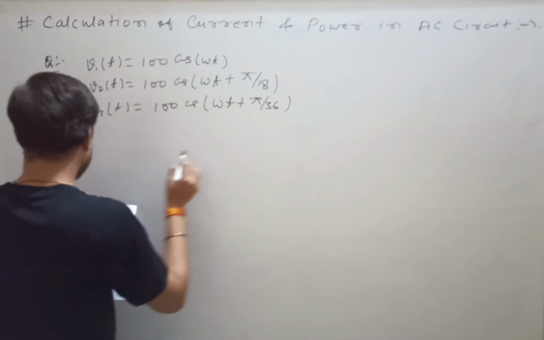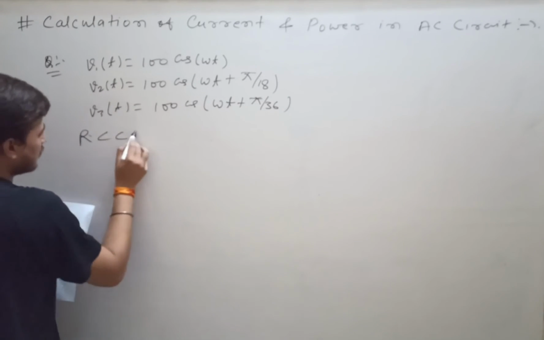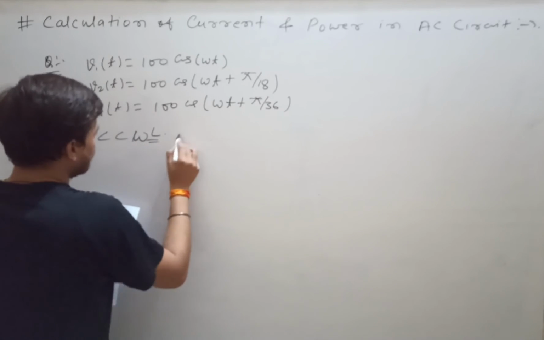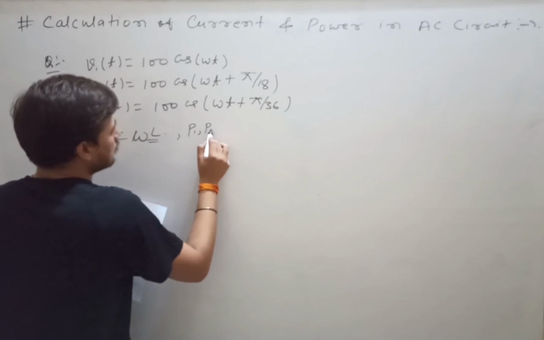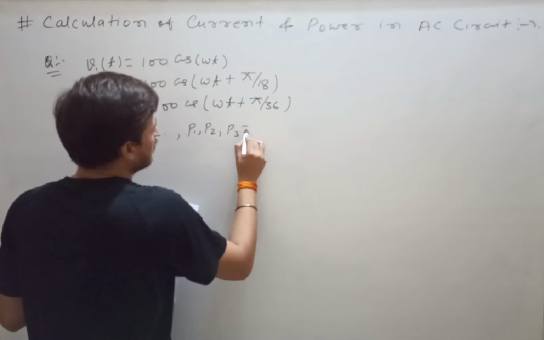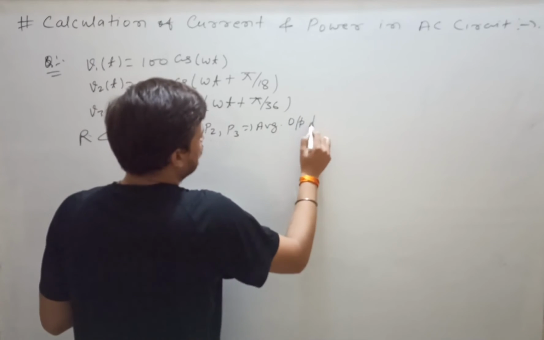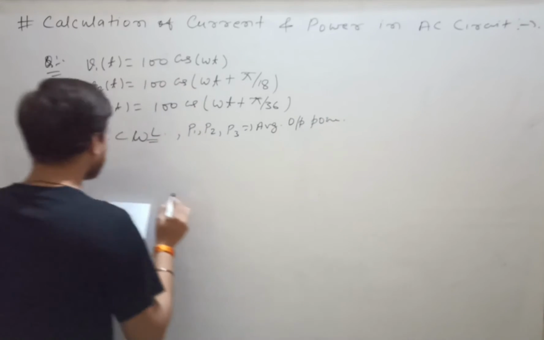They are giving R is far much less than ωL, and P1, P2 and P3 are average output powers, and they are giving you one circuit.